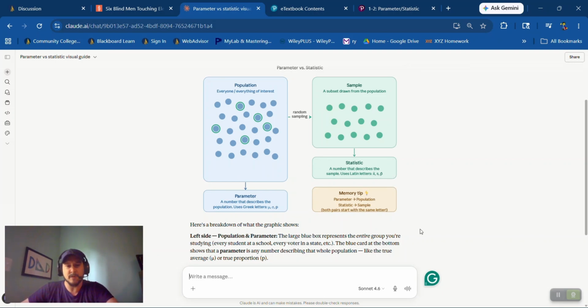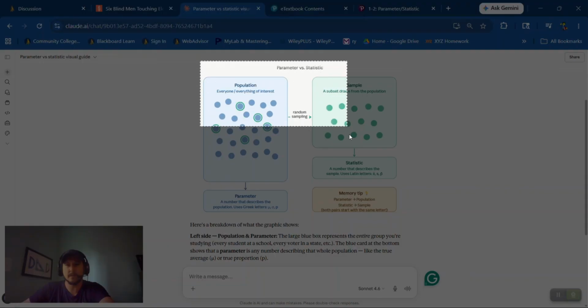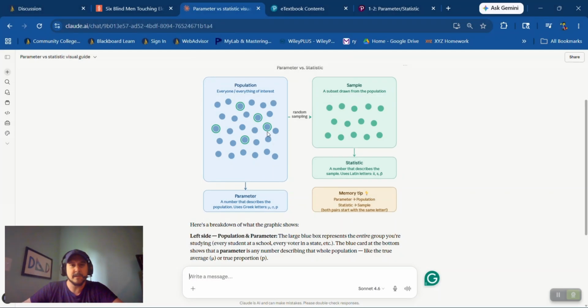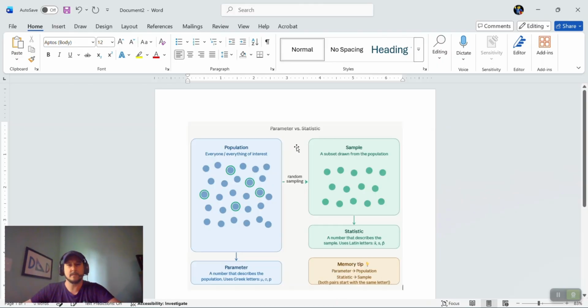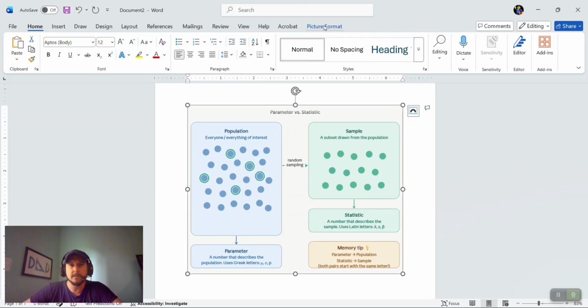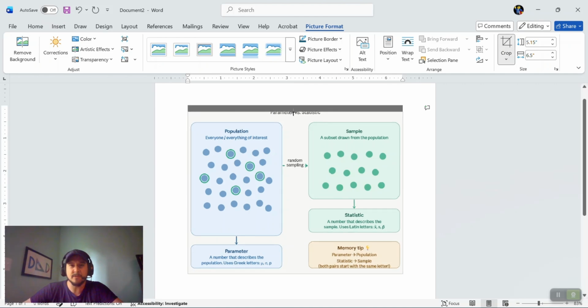So I'll go ahead and print screen here. Take that, copy and paste. And I'm going to crop the parameter versus statistic out.